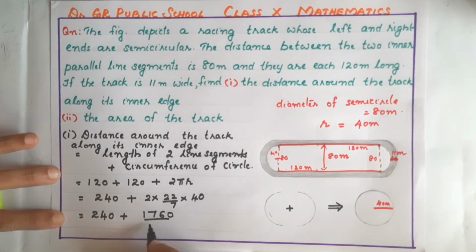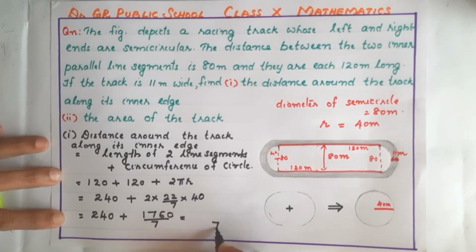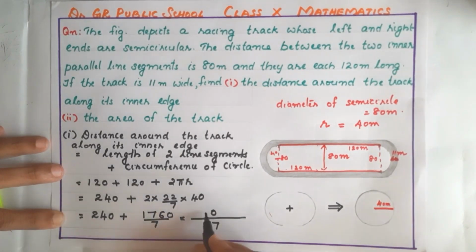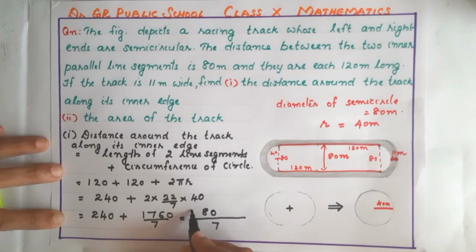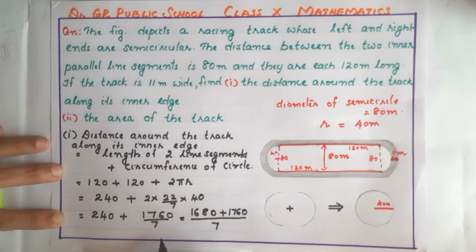Okay, by 7. And we can write 7 as our common denominator. Then 240 into 7. 0, 4 sevens are 28, 2 balance. Then 2 4 sevens are 14 plus 2, 16, plus 1760.